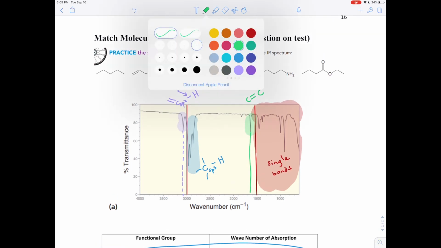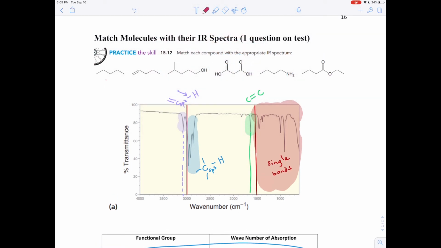So which of these have a double bond between carbons? Well, not that one, that has only single bonds. Not this one, this has an alcohol, so it would have that smooth shadow between 3600 and 3200. Not this, this has a carboxylic acid that has that gigantic smooth shadow and a sharp one at 17.